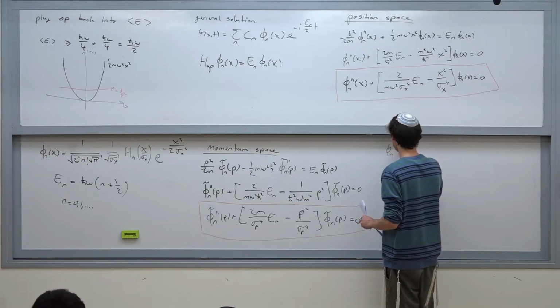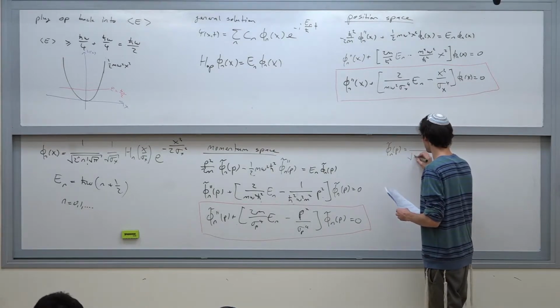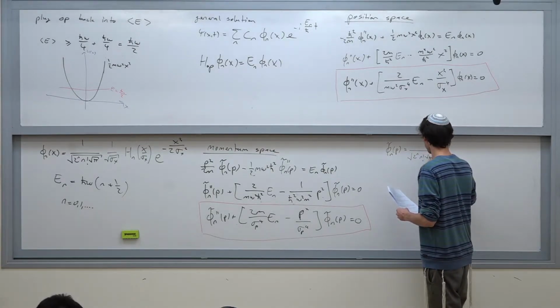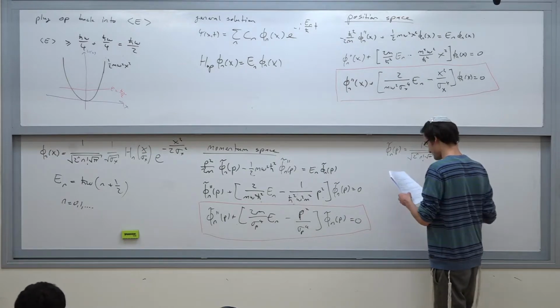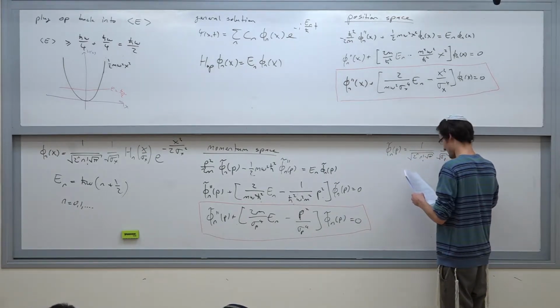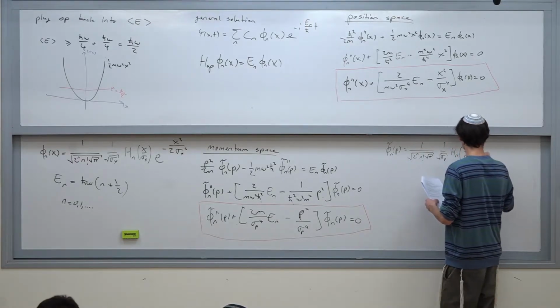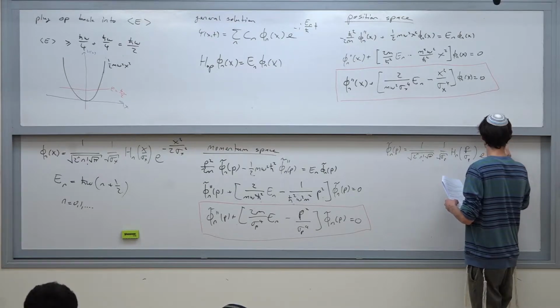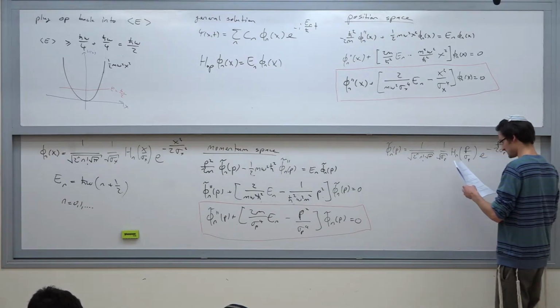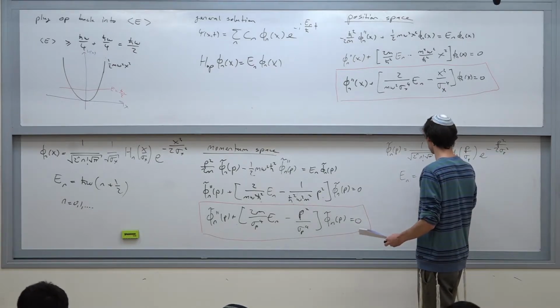So phi n tilde of p is this function, and of course the energies, which you also find by solving this, are exactly the same.